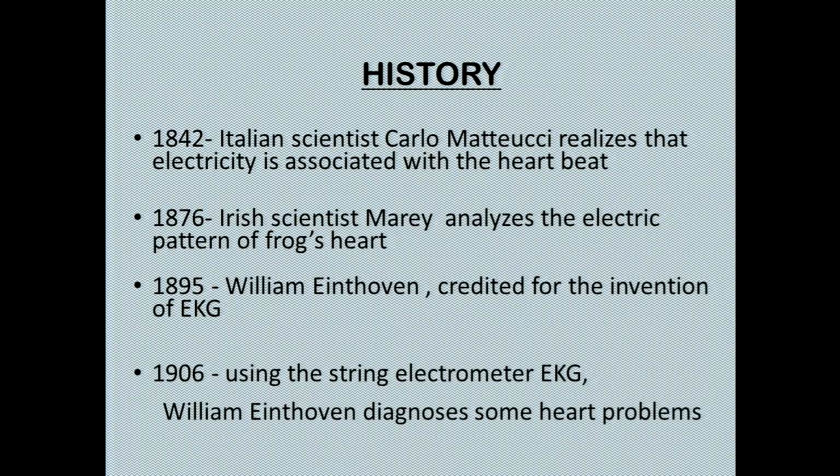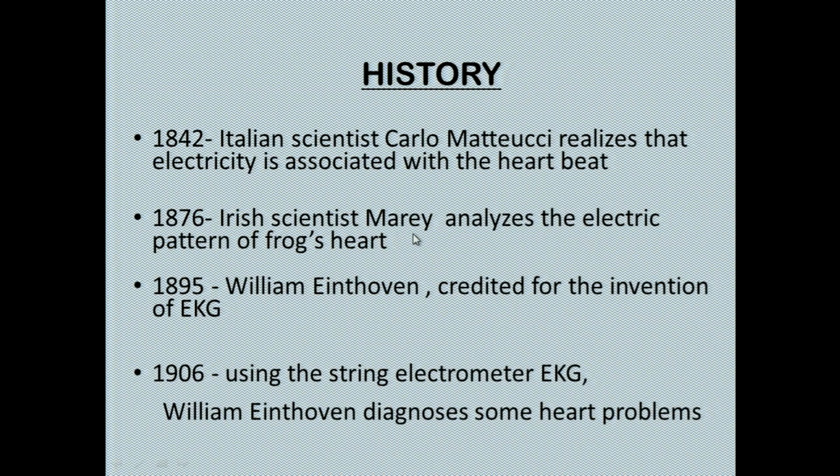1842, Italian scientist Carlo, how do you pronounce? Whatever, Carlo realizes that electricity is associated with the heartbeat. When did we first find the frog has the beat, and then we found the galvanic potential? Do you know what is the period we did that initially? Was it before that or after that?